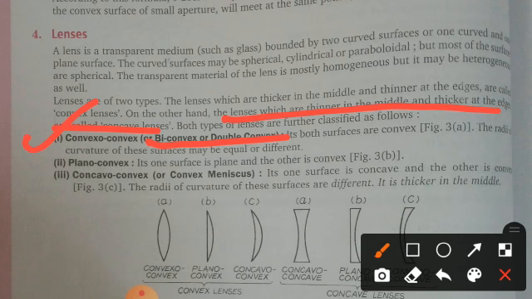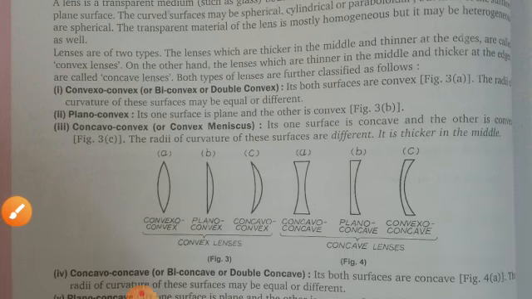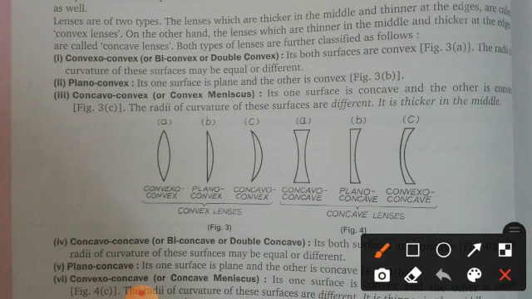You can see here in the figure given below, figure 3A. The radii of curvature of these surfaces may be equal or different.